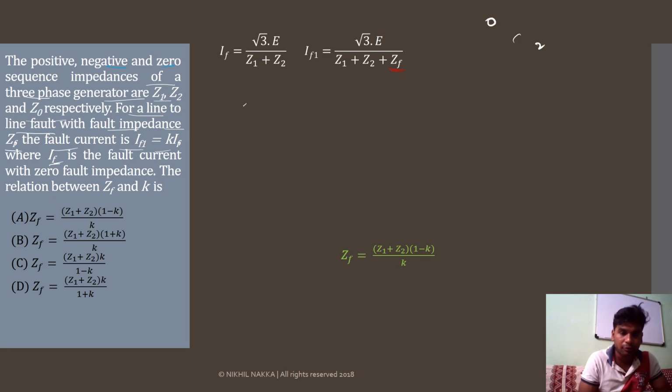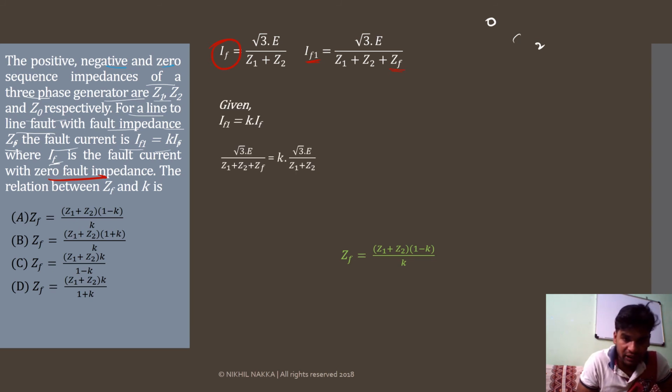ZF is considered to be 0 because IF is the fault current with zero fault impedance, as already given in the question. Therefore, I am neglecting it. But IF1 is when fault impedance is also considered. You have seen the network diagram previously, and from that you can write down this equation quite easily. So the given relation is IF1 is equal to K times IF. I am just putting down the values of IF and IF1 like this. So root 3 E gets cancelled, and then we can solve this subsequently.